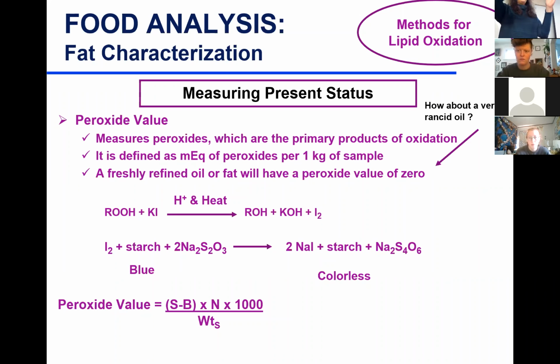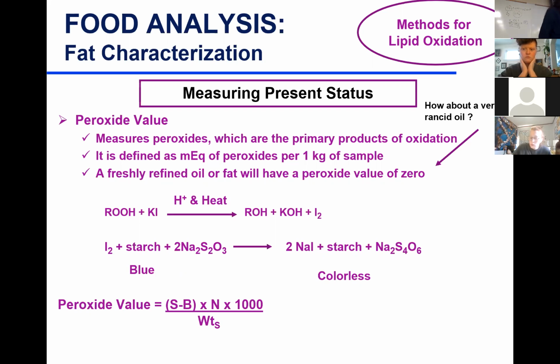So you get a bell shape. You start at 0, go up, reach the maximum peroxide value at the top, and then it starts going down. That means the rate of disappearance of peroxides is higher than the rate of appearance, until there's no more peroxide formed and everything is converted to secondary metabolites. You go back to 0.